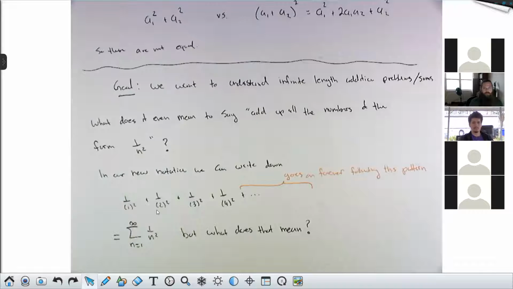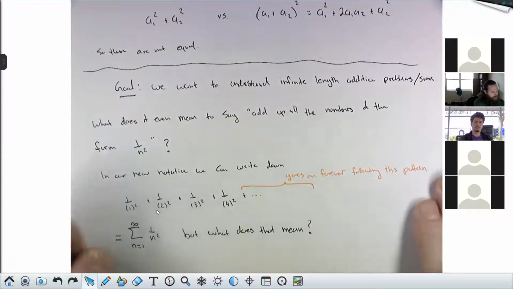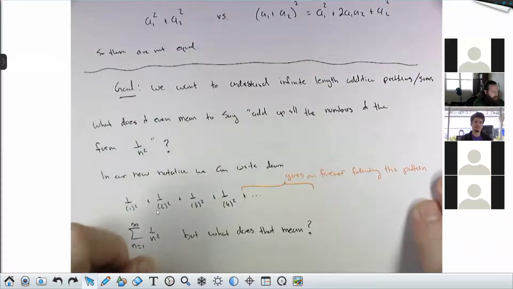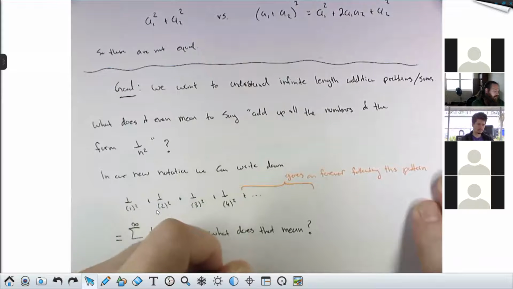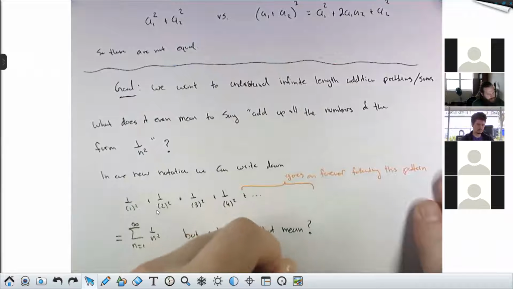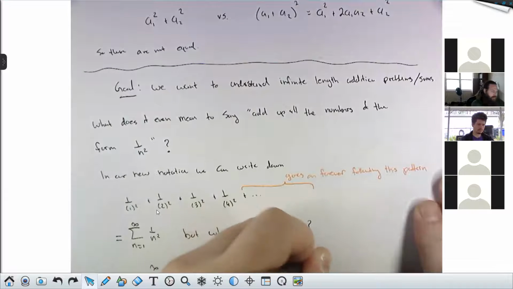And this is the first place I would like to appeal to the similarity with the integral. Recall that the integral from 1 to infinity of f of x dx is defined as the limit as r goes to infinity of the integral from 1 to r of f of x dx.